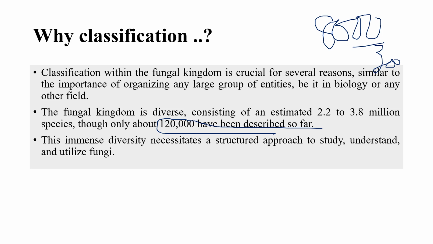So we classify based on their characters, maybe spore morphology, or with advanced technologies like DNA fingerprinting or genetic structures. If we classify, it is very easy to have a basic understanding and to remember things for various purposes.